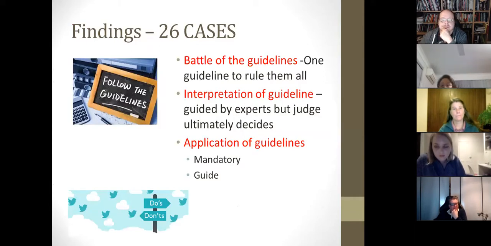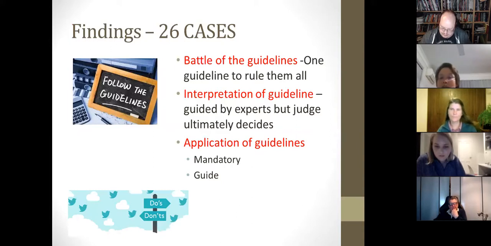So far I found about 26 cases. I have yet to finish going through the 160 results returned by Lexis Advance, so I might still find some more. So these are the things I found. Firstly, in the battle of the guidelines, there are very few cases where there were multiple guidelines in issue.